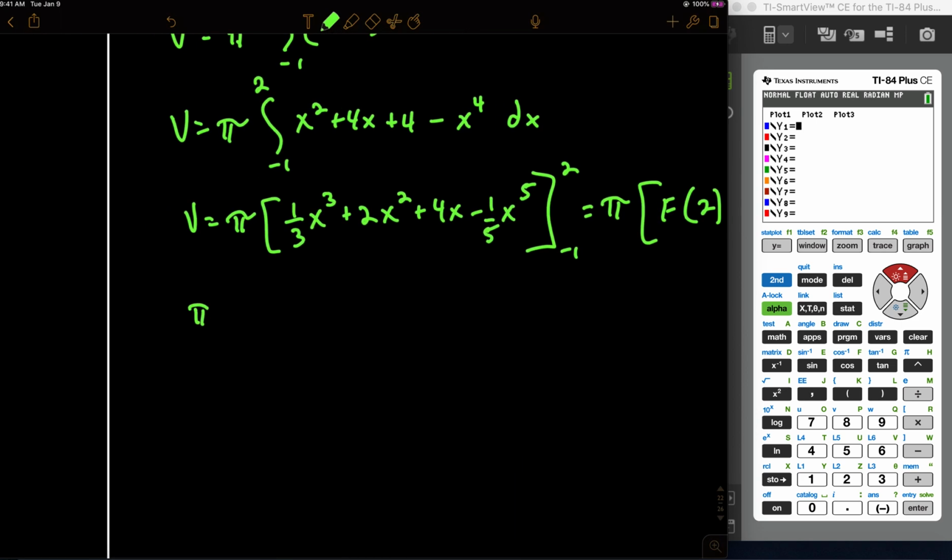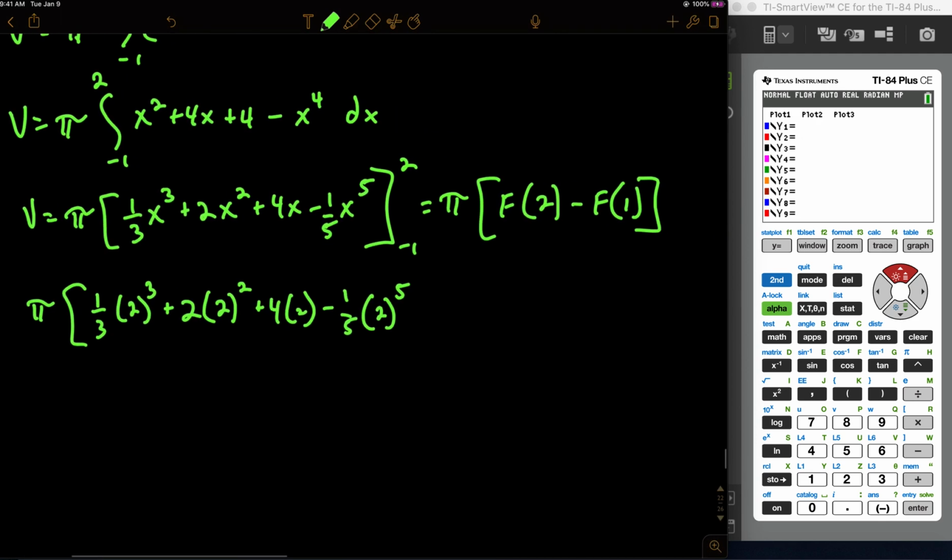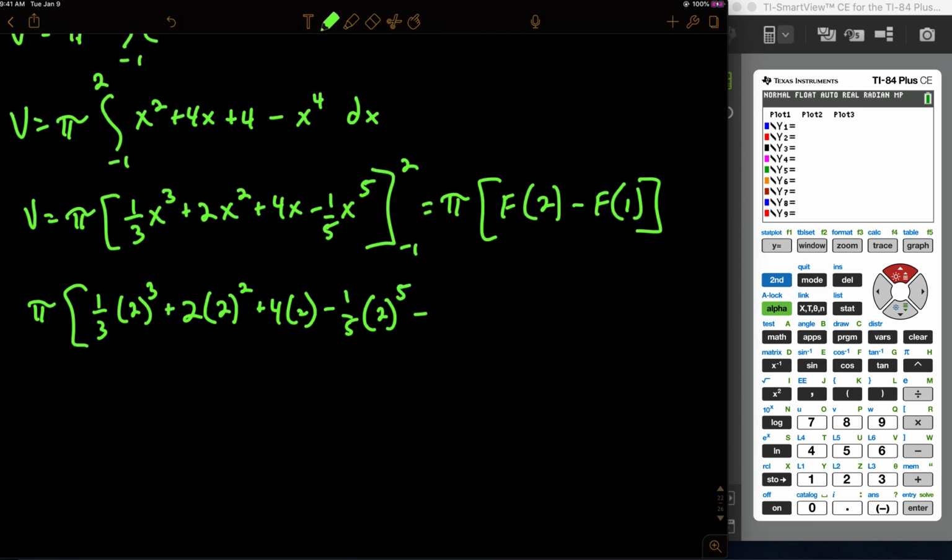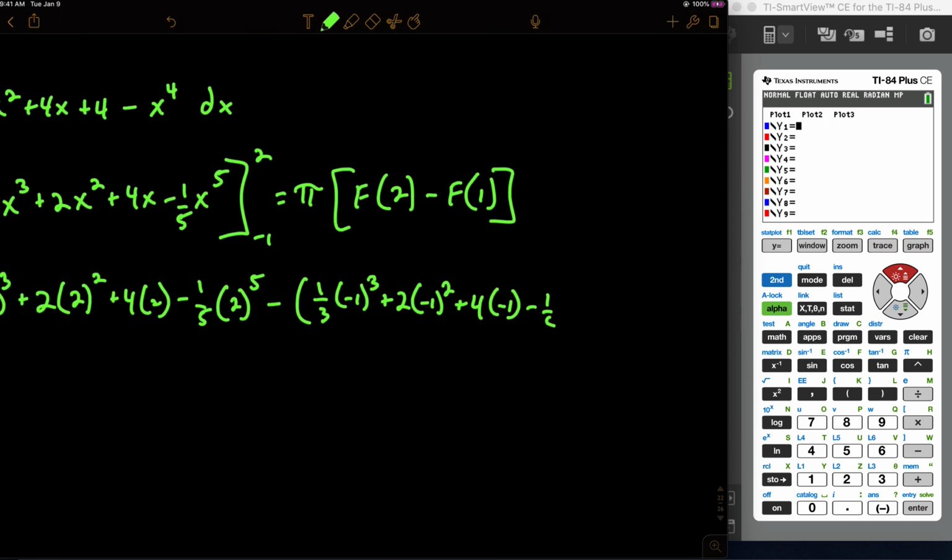Plugging in a 2: 1/3 times 2 cubed plus 2 times 2 squared plus 4 times 2 minus 1/5 times 2 to the 5th, minus, you've got to put all this in parentheses, plugging in a -1: 1/3 times -1 to the 3rd plus 2 times -1 squared plus 4 times -1 minus 1/5 times -1 to the 5th.